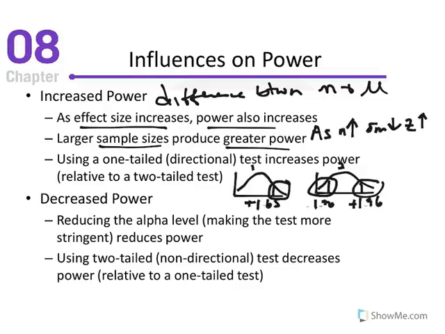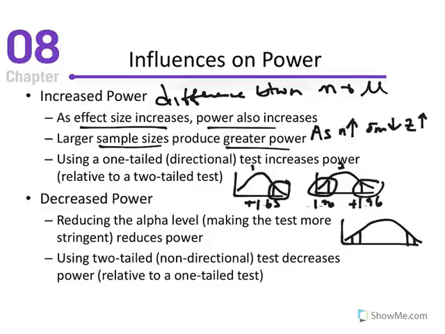Now let's talk about what decreases power. When we reduce the alpha level, making the test more stringent, that reduces power. Again, it has to do with the shrinking of the critical region. So let's say a two-tailed test at 5%, and then if it's 1%, we see the decrease of the critical region, and as a result, the power is going to decrease.